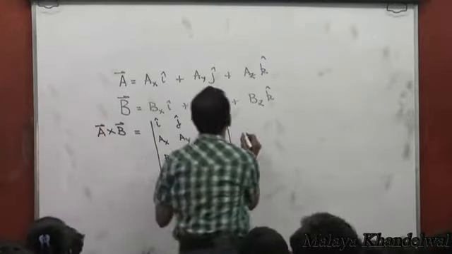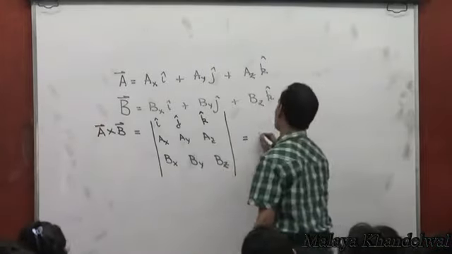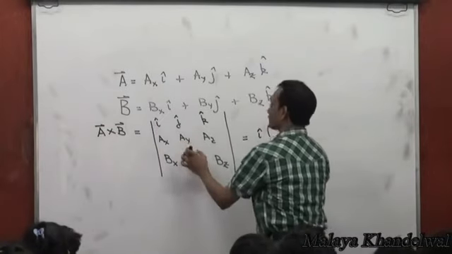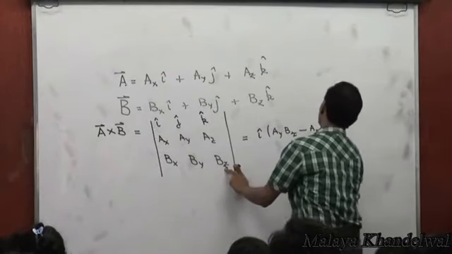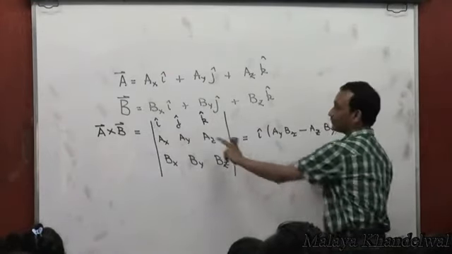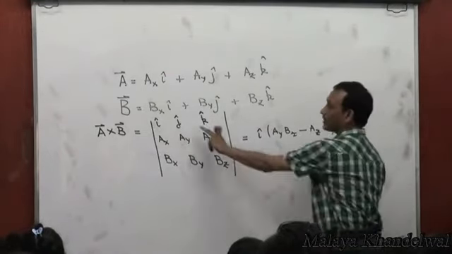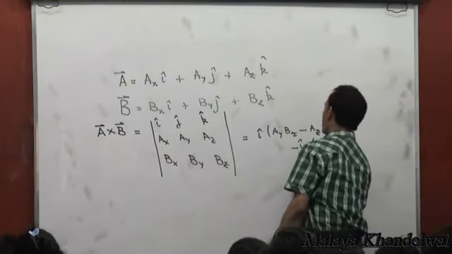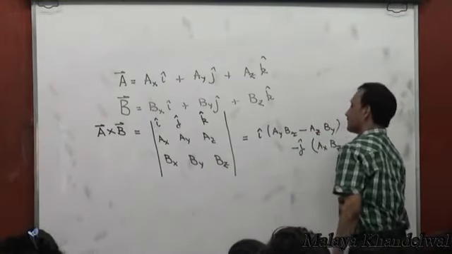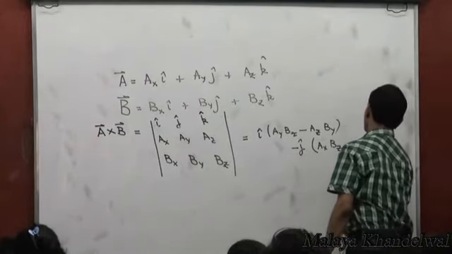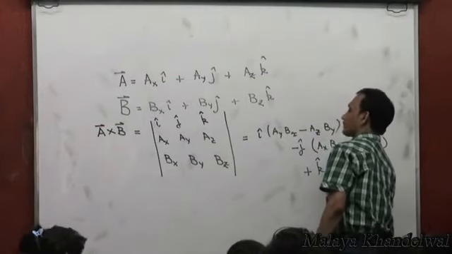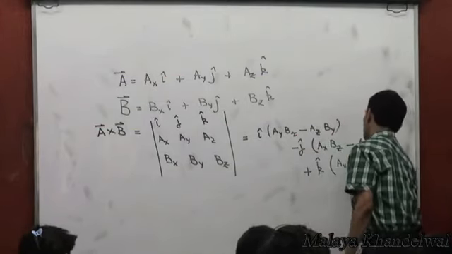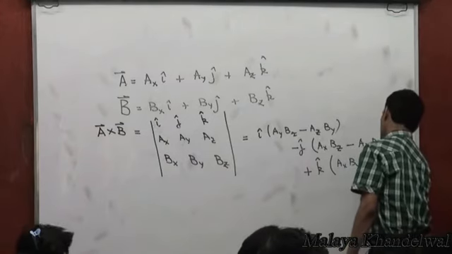Right? And obviously, the expansion of this determinant, as I've already told you, is i into (ay bz minus az by), then minus j, see, we have plus, minus j into (ax bz minus az bx), and then plus k (ax by minus ay bx).